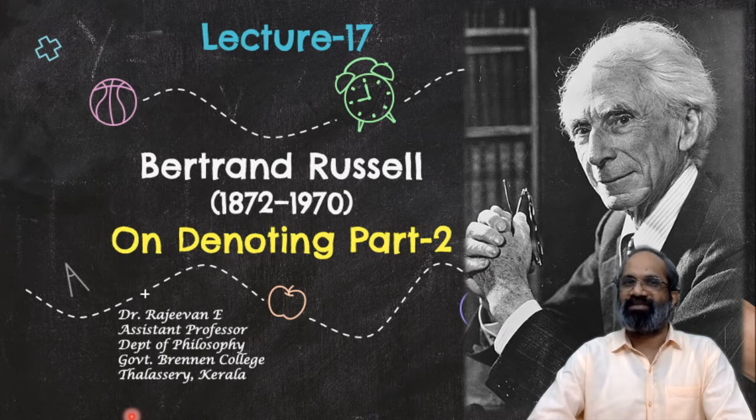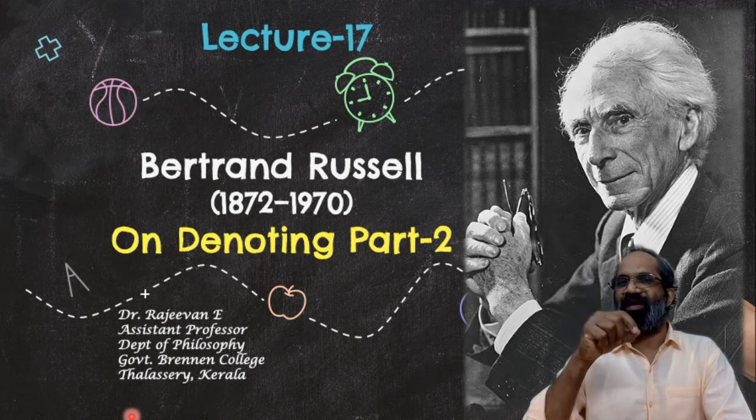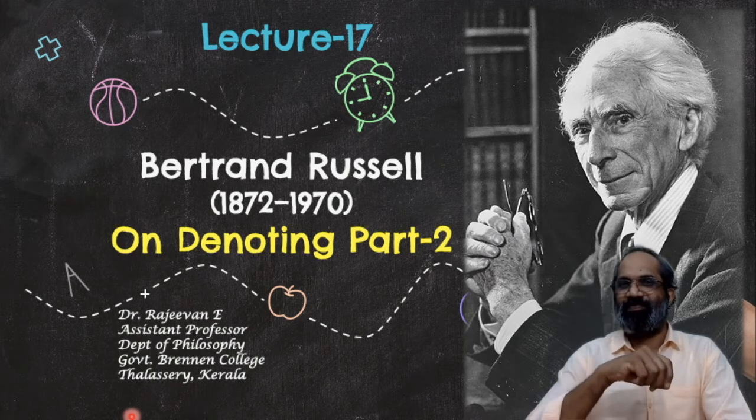In today's class, we look into the theory of descriptions put forward by Russell. This theory will be used to solve the puzzles mentioned in the previous class. This theory is intended to inquire into the depth grammar of statements.